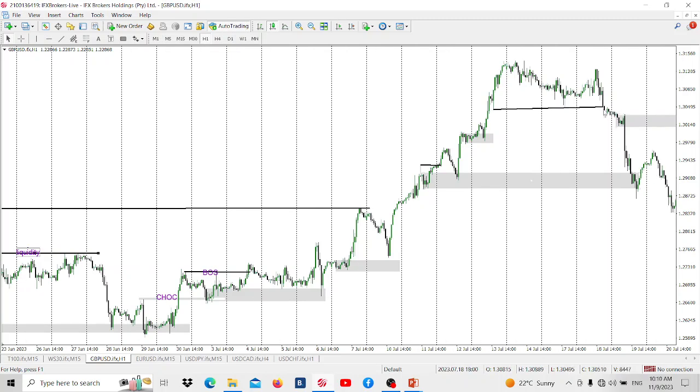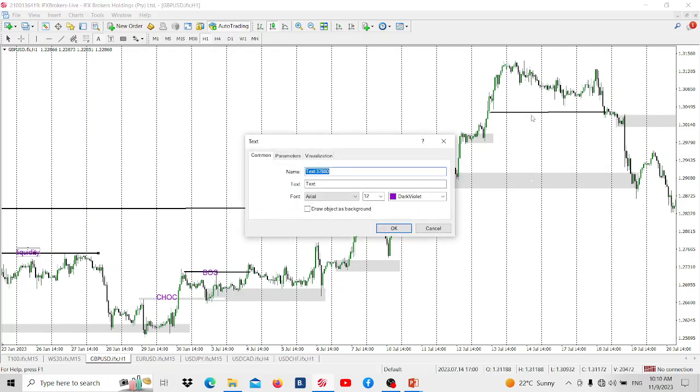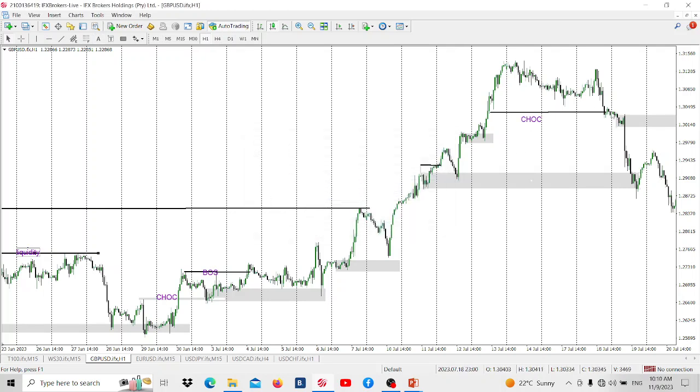We have to be clear in our trades and do our analysis. Let me just say, this is our change of character, because it broke to the downside, right?